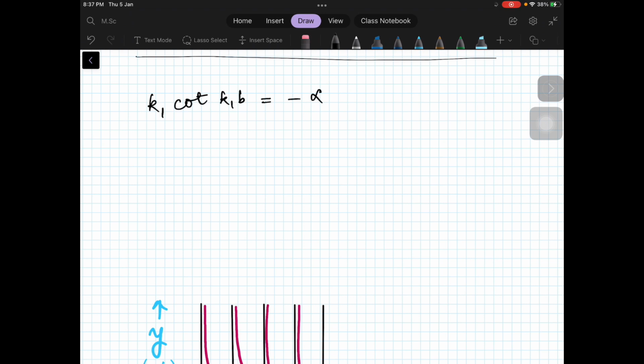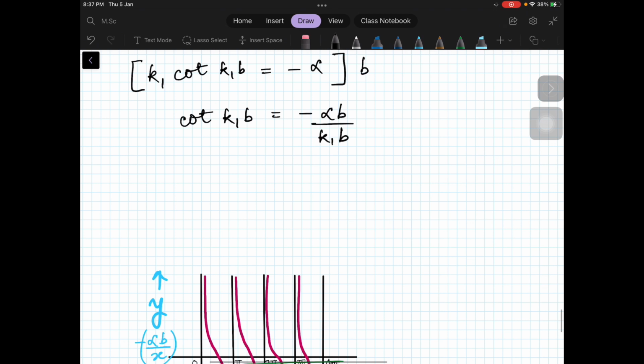Now if we multiply this equation, both LHS and RHS with b, and also rearrange the terms, cot K1b is equal to minus alpha b over K1b.